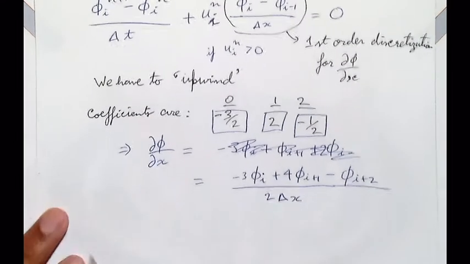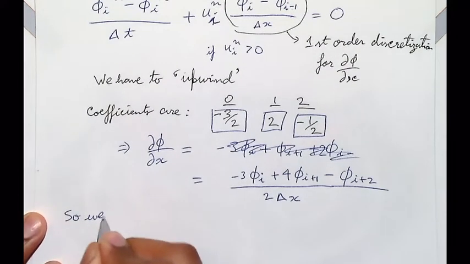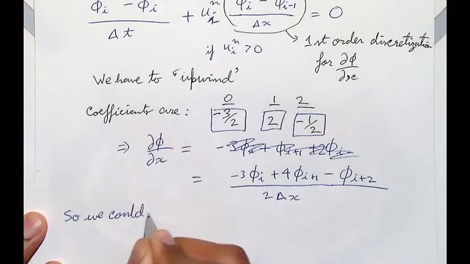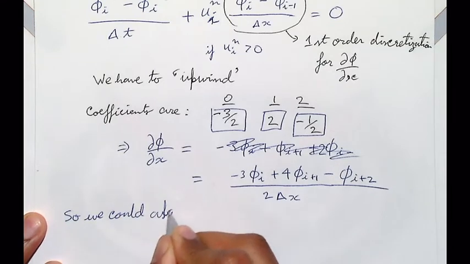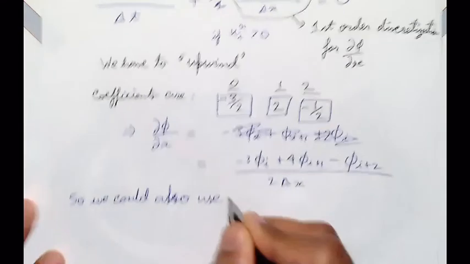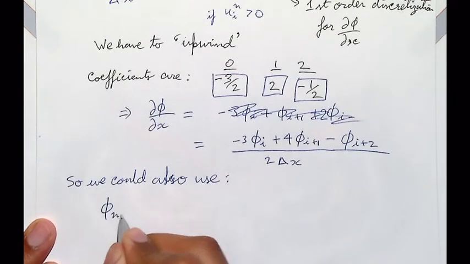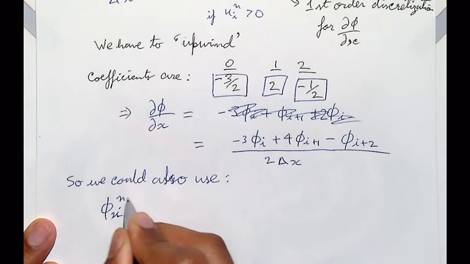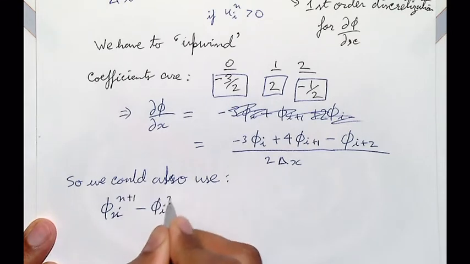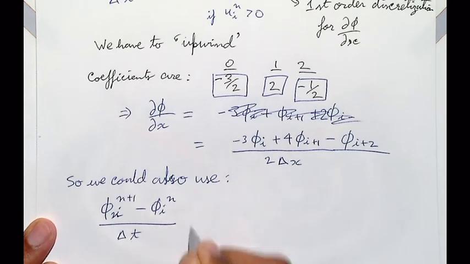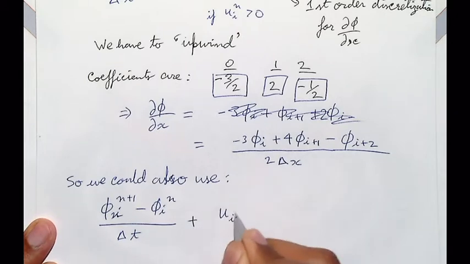Okay, so we could also use phi n plus 1 and phi n, U I n.